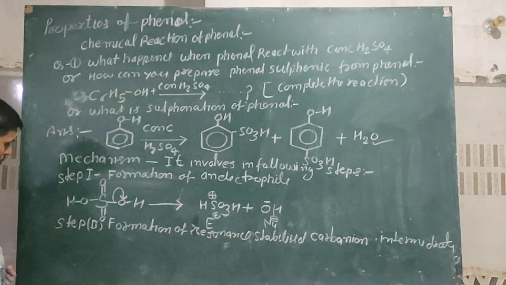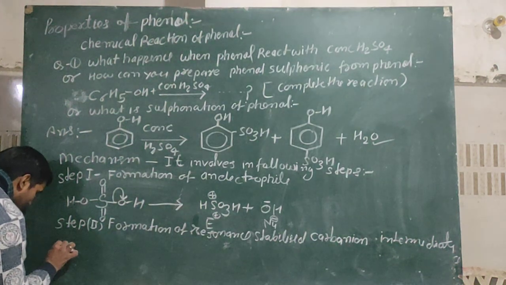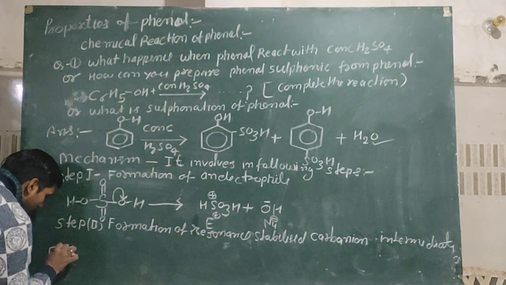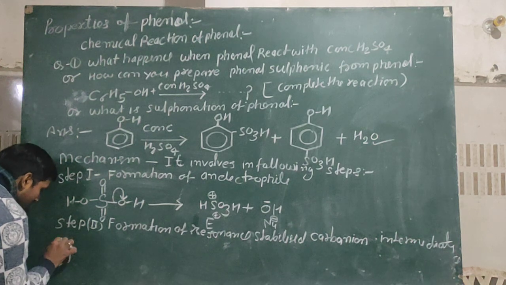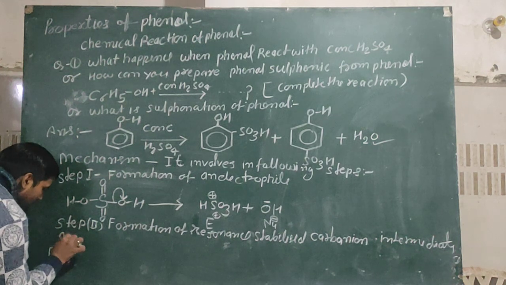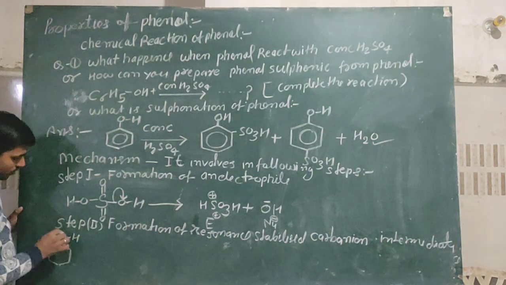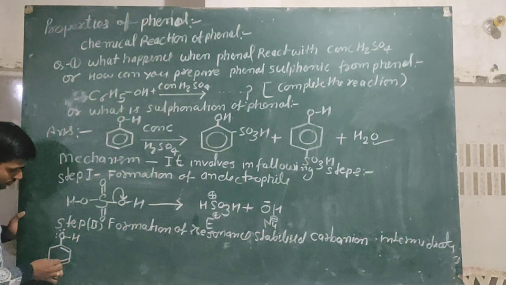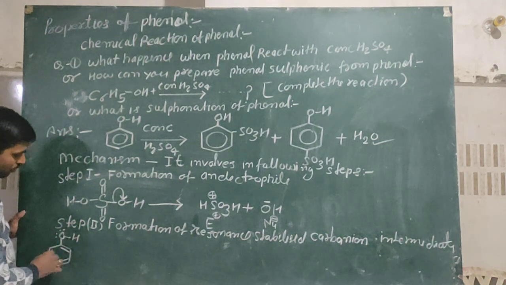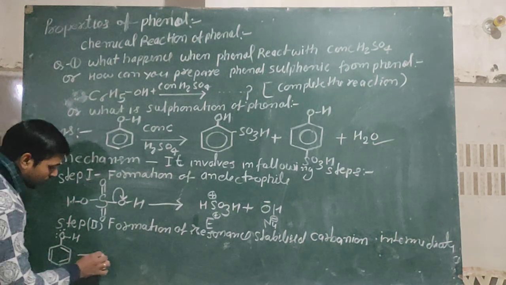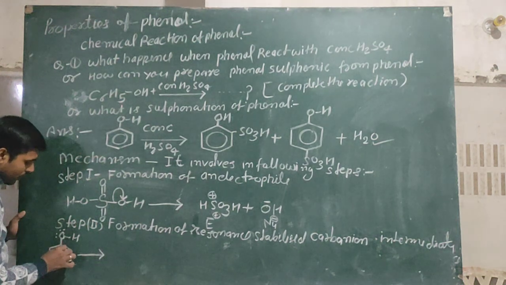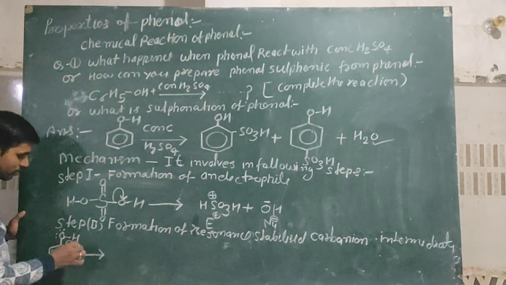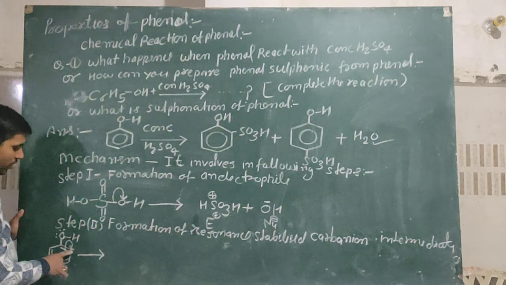You can see here. Firstly, oxygen contains 2 lone pairs of electrons and a pi bond is present in case of phenol. Firstly, when this bond breaks toward this carbon atom, then it becomes negative.